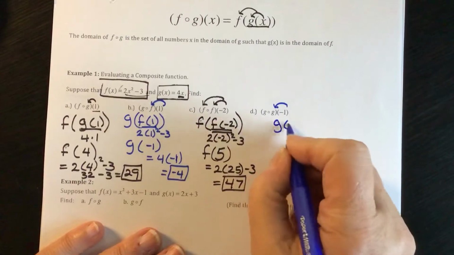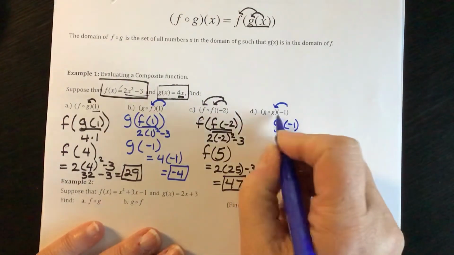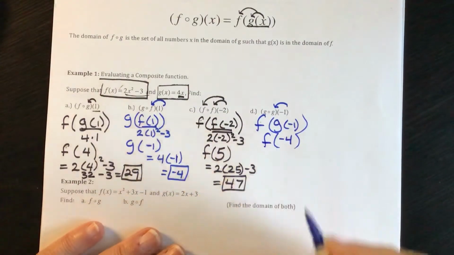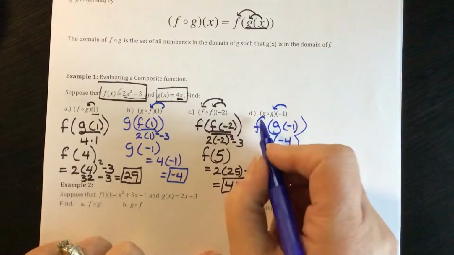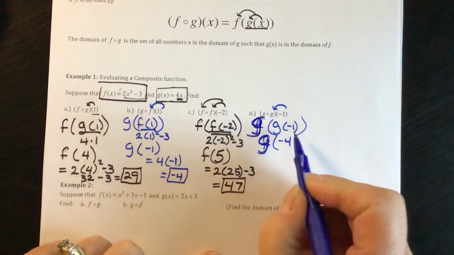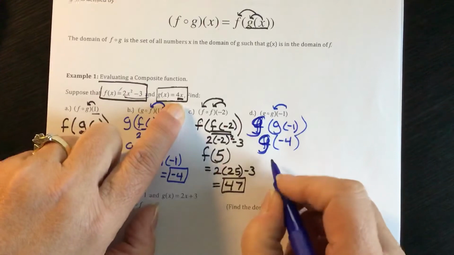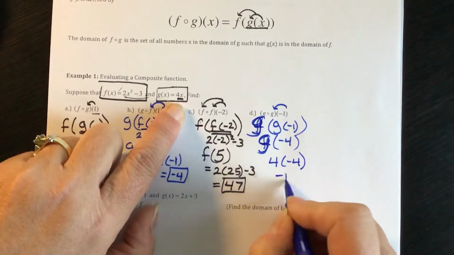So I have g of negative 1 is negative 4. And now I'm going to plug that into the f function. So negative 4, whoops, nope, I'm going back to g. Sorry, misread that. So taking negative 4 and plugging it back into the g function again, which is 4 times negative 4, which is negative 16.